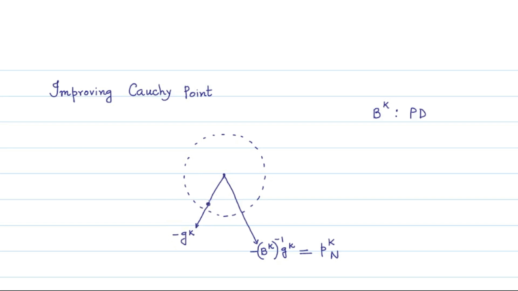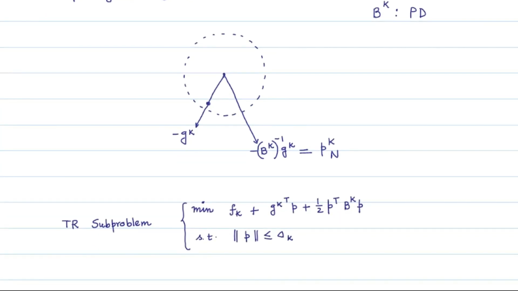To improve this p_k^C, to make it inclined towards the Newton direction, let us at first analyze the location of the optimum solution of the trust region subproblem for varied values of the trust region radius.